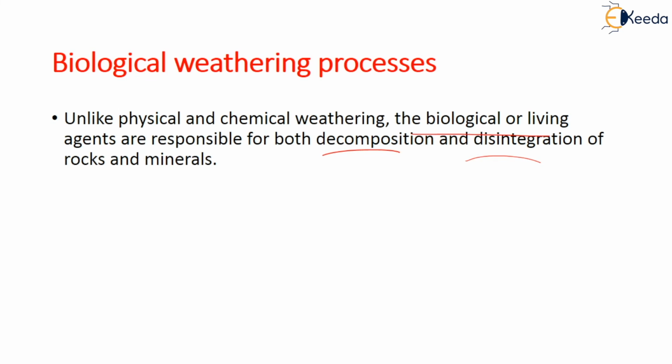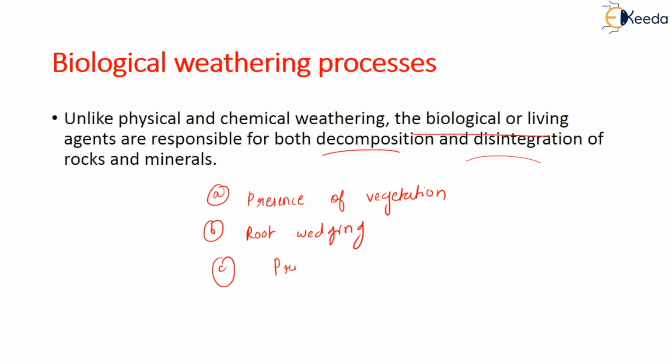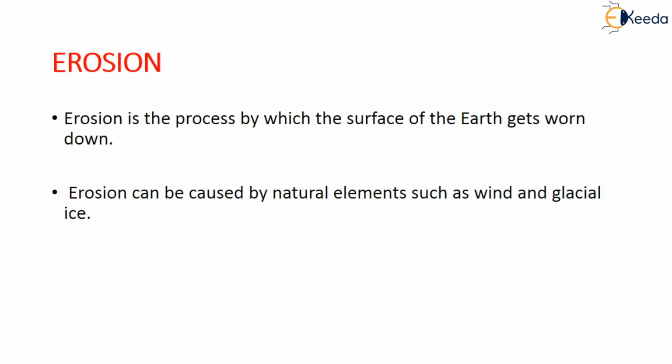This biological weathering comprises a group of processes that are caused by, or sometimes assisted by, the presence of vegetation or, to a lesser extent, animals, including root wedging, and the production of organic acids. So this happens in the biological process.